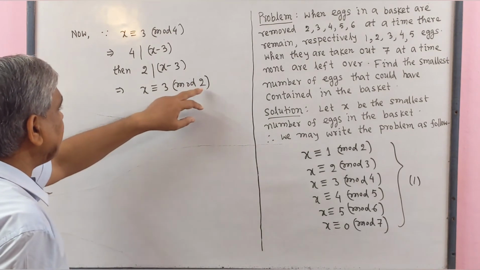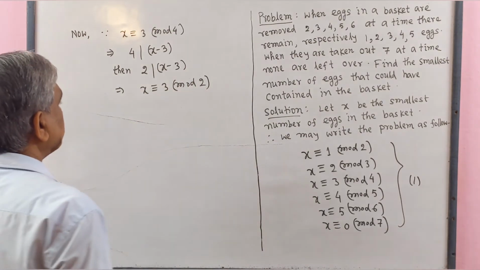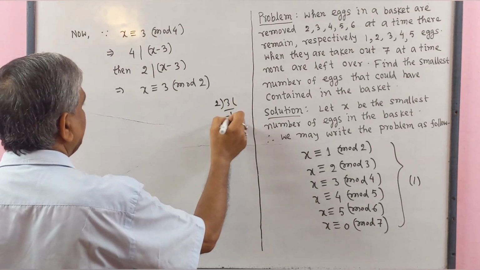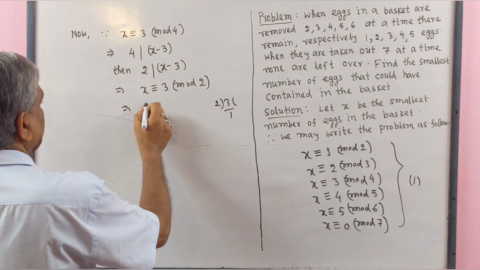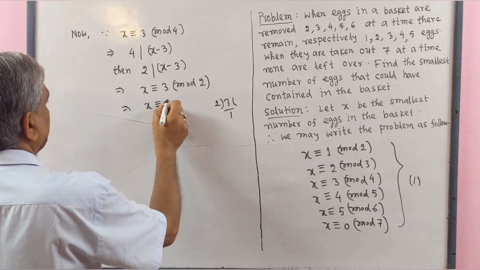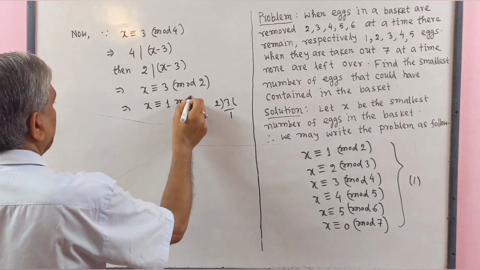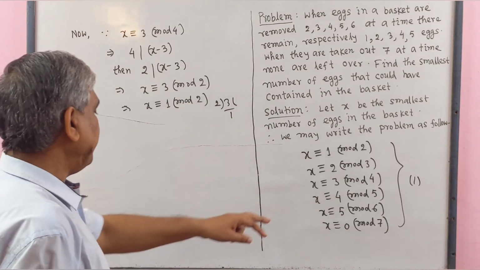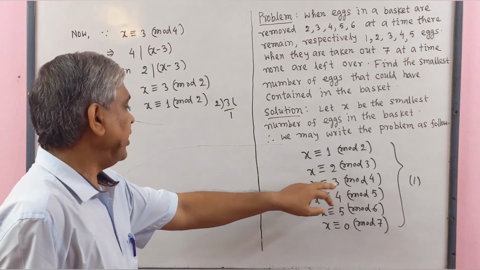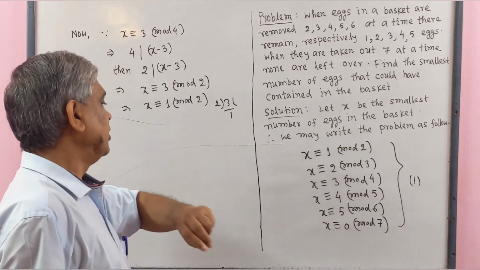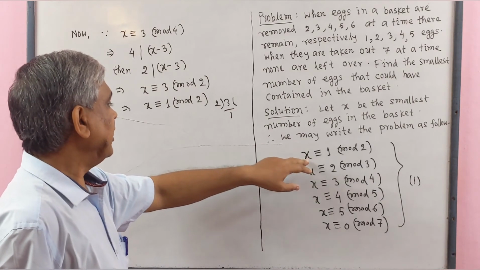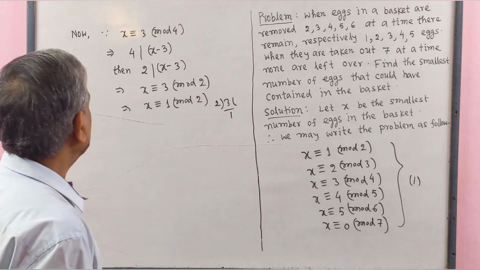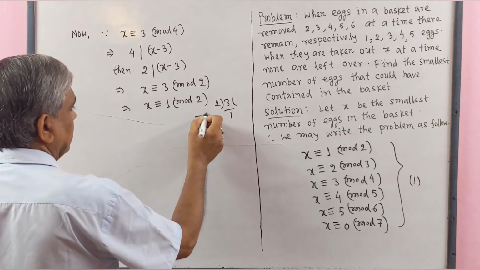But 3 is greater than 2. So if we divide 3 by 2, we get remainder 1. We may write this x is congruent to 1 modulo 2. So if x is congruent to 3 modulo 4, then we get x is congruent to 1 modulo 2. Let this be number 2.